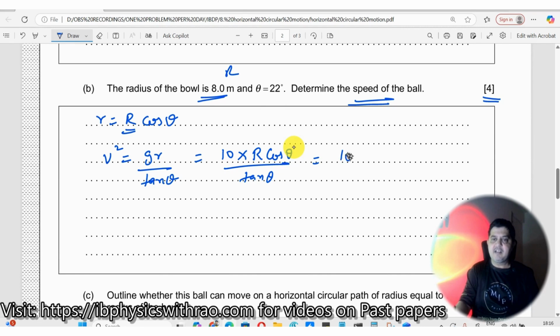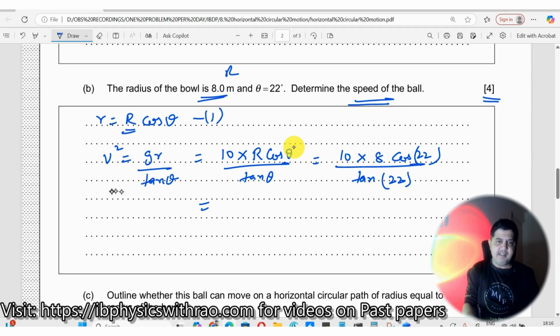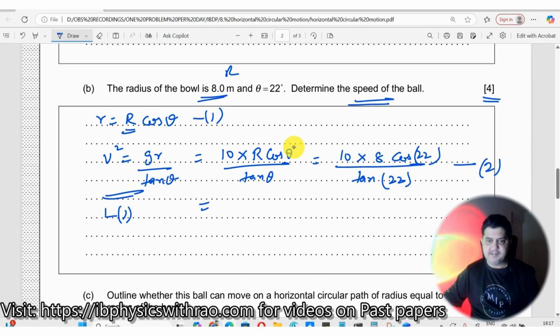So I'll write 10 into, what's the value of R? 8 meters, into cos of 22 divided by tan of 22. Okay. I just substitute the values. So writing this equation will give you 1 mark, because this equation is also new, this will give you 1 mark. And finally, substituting these values and getting the final answer will give you 2 more marks. Now let us calculate this value.